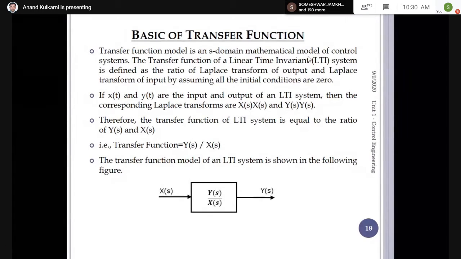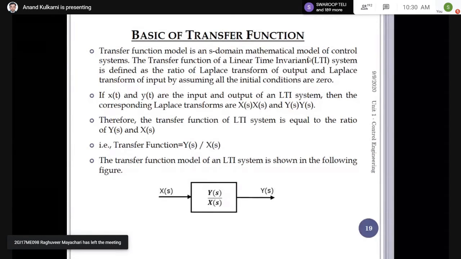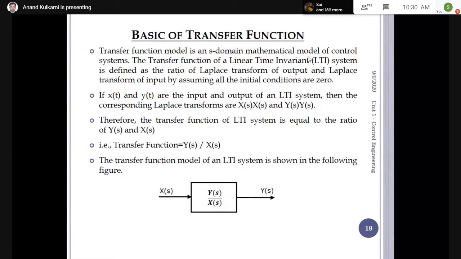What do you mean by linear time invariant systems? Linear means the system equation should be linear in nature, that is, there should not be any non-linearity associated with the system.